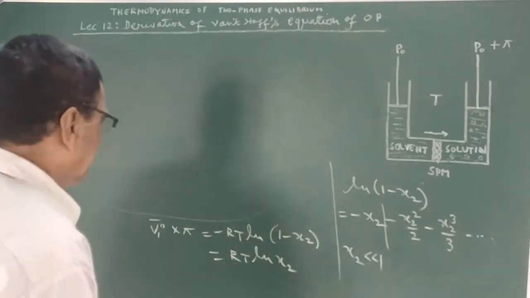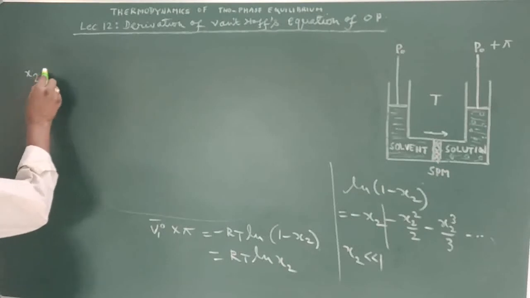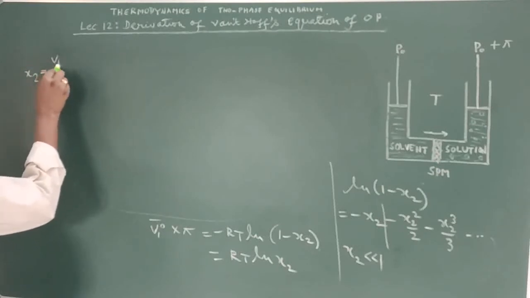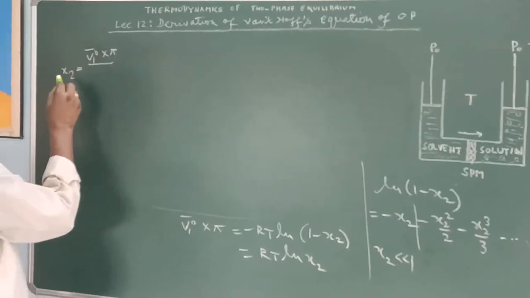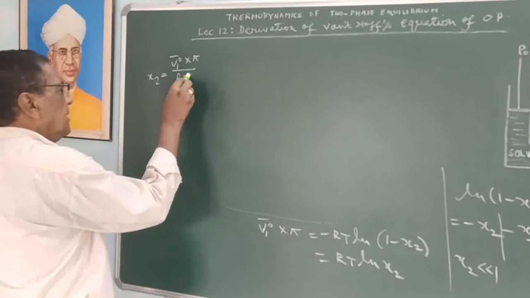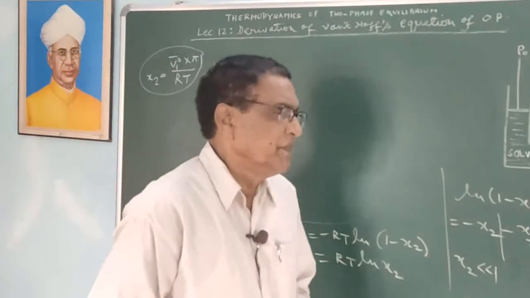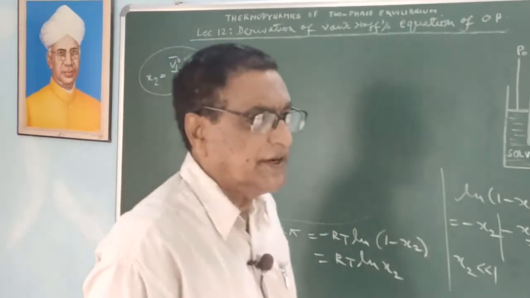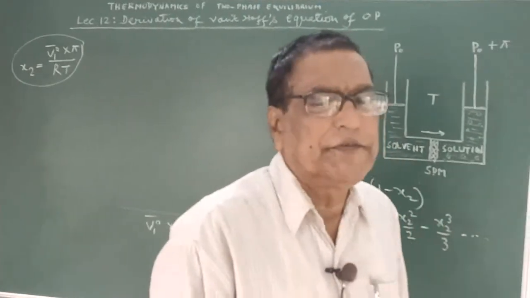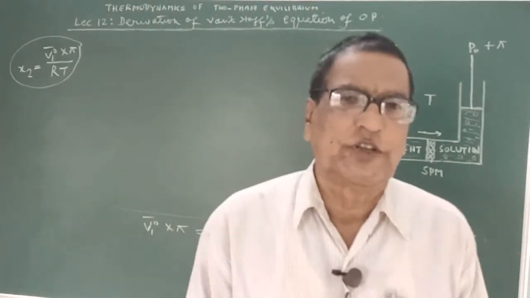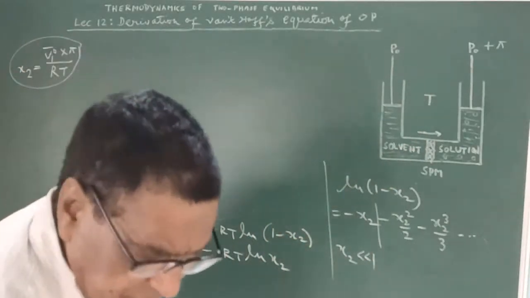So we have got a relation: x2 equals V1 naught bar into pi divided by RT. Whenever we try to interrelate the different colligative properties of a solution, this expression can be utilized.